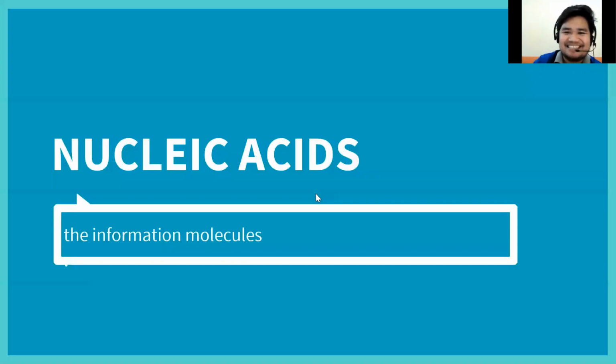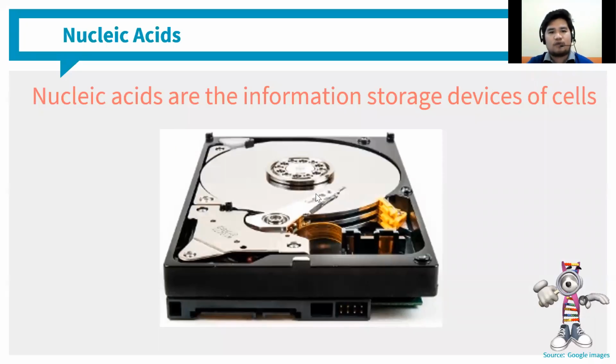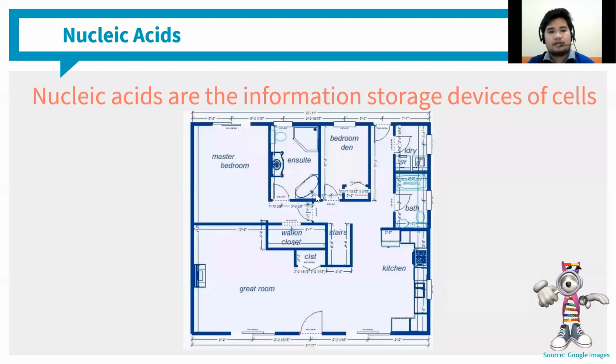Okay. Next, the last macromolecule is the information molecules or the nucleic acids. Nucleic acids are the information storage devices of cells, just as this disk or tape stores information in the computer. Pwede rin siyang blueprint, no?